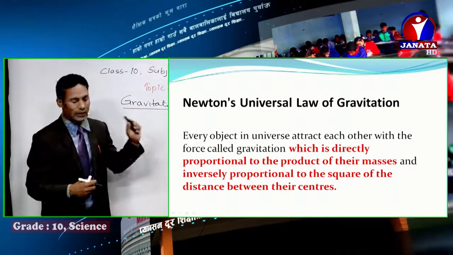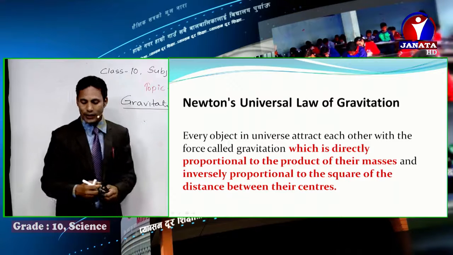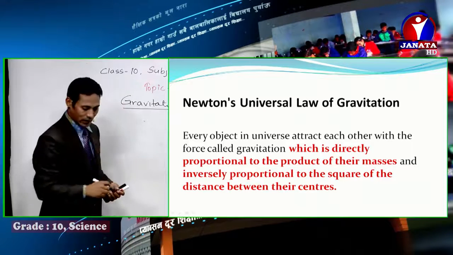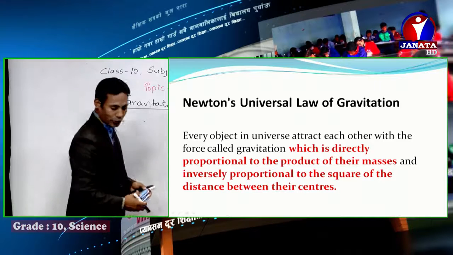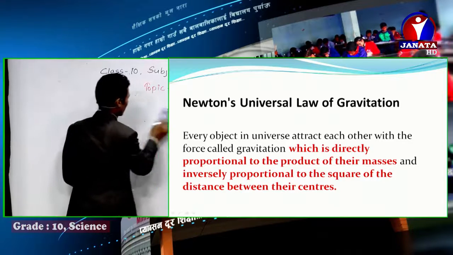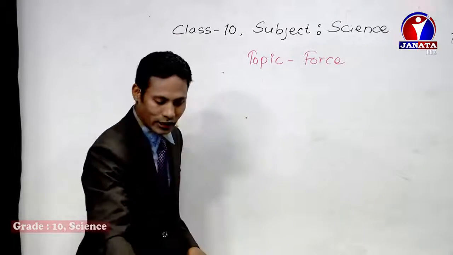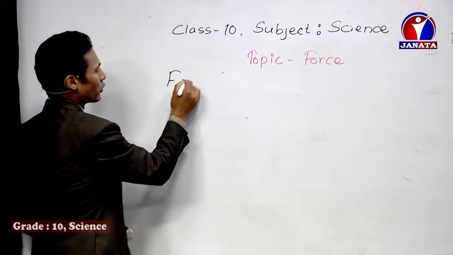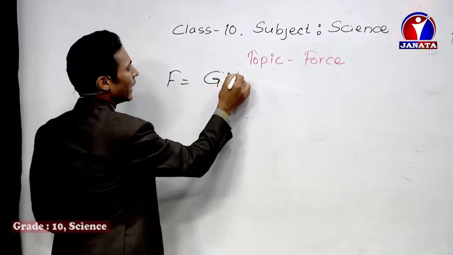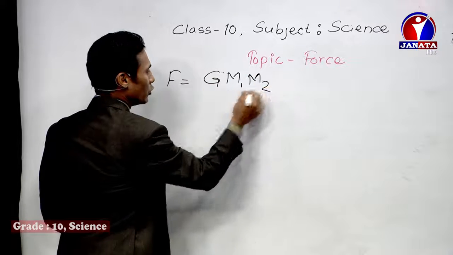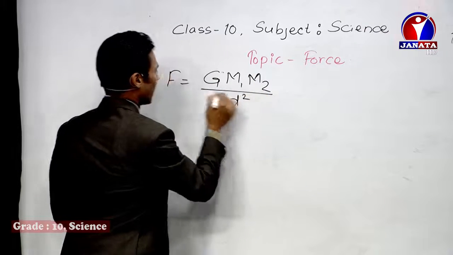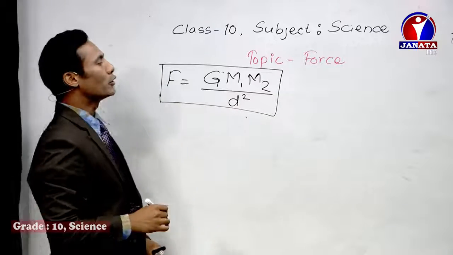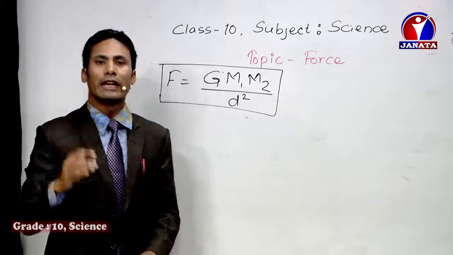You can see in the slide also that I have stated Newton's universal law of gravitation. So let's see the mathematical derivation. Mathematical derivation means that we are going to prove F equals G m1 m2 by d square, which is also known as Newton's universal law of gravitation.